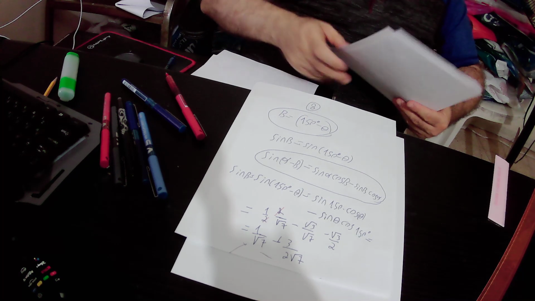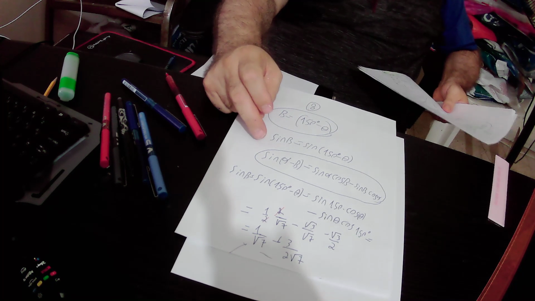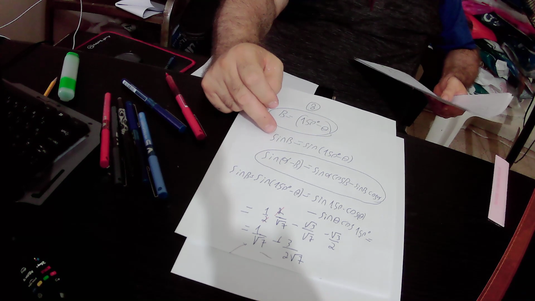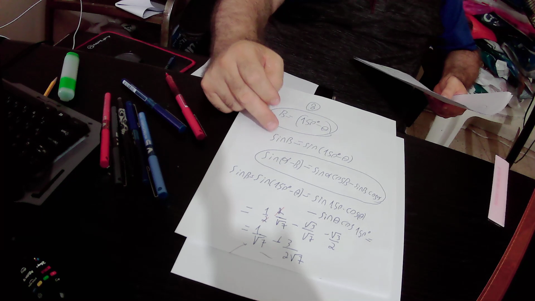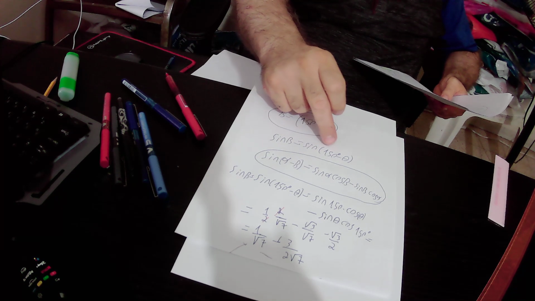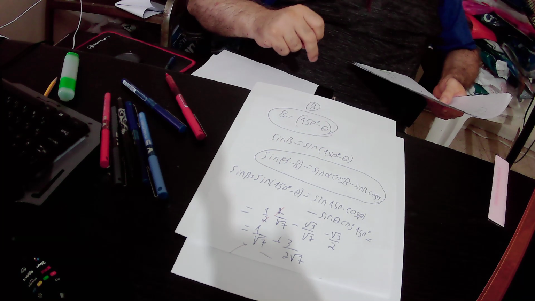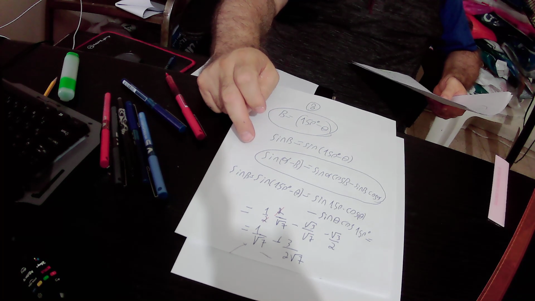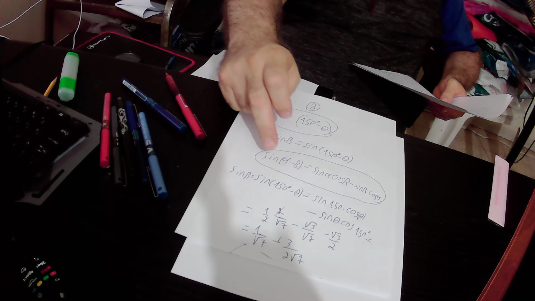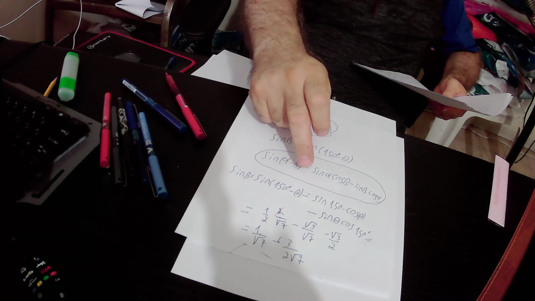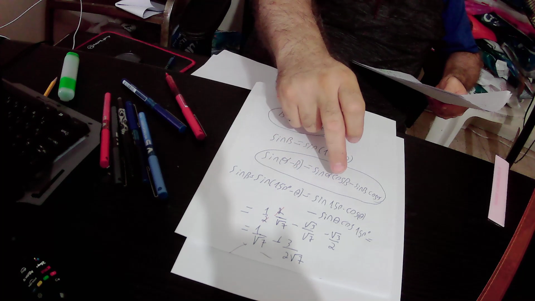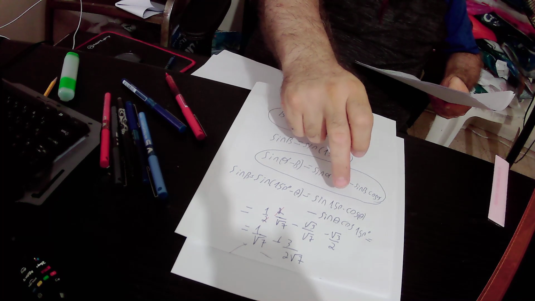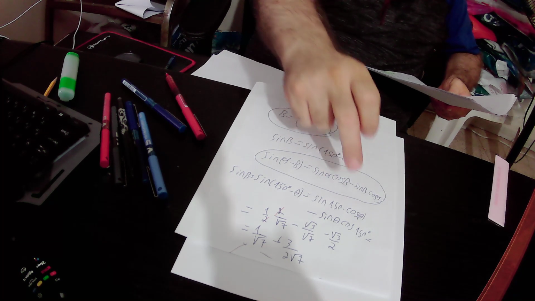Okay, so we implemented the trigonometric identity in order to find the value of sine of 150 degrees minus theta, and we found out that sine of 150 degrees minus theta equals sine 150 degrees times cosine theta minus sine theta times cosine 150 degrees.